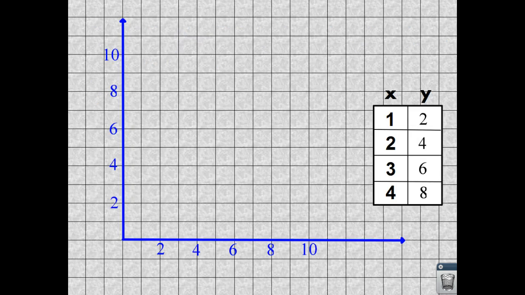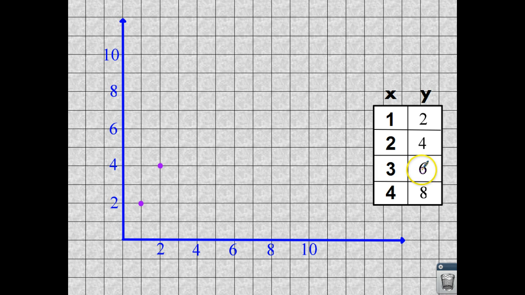So let's look at that on a grid. If I were to graph all these points, let's do the first ordered pair. We have 1, 2. So 0 is the origin, and we have 1, 2, put a dot. And then I have the next relationship of 2, 4. So I go over to 2, and I go up to 4.